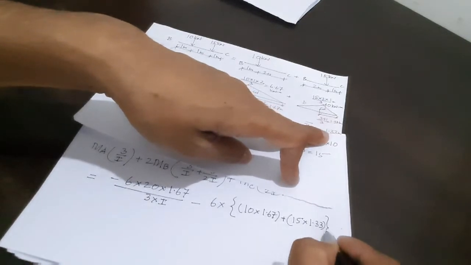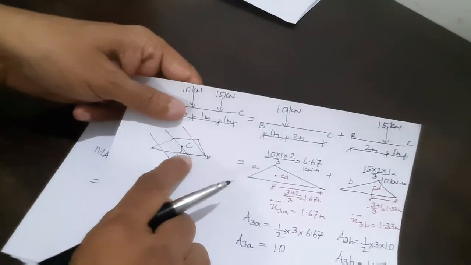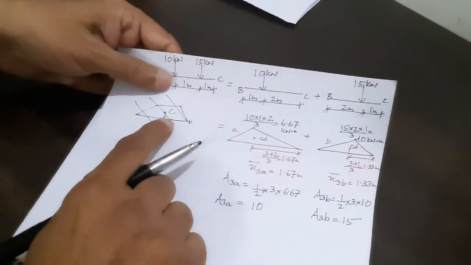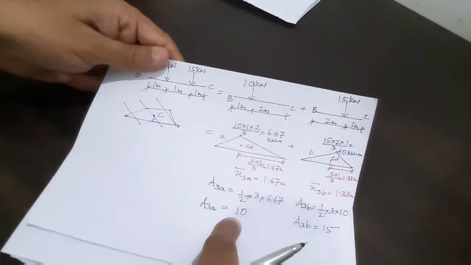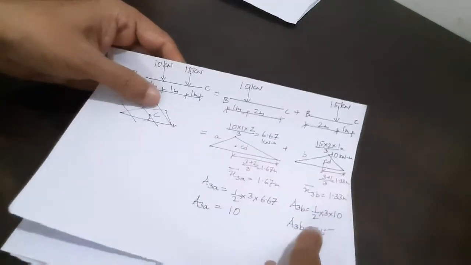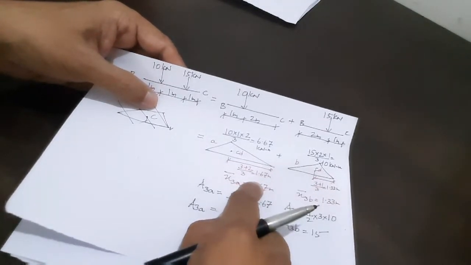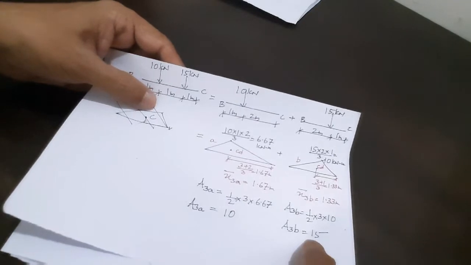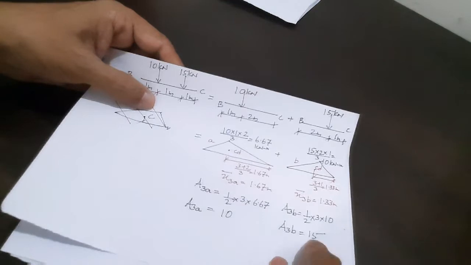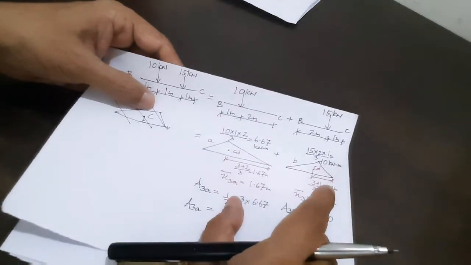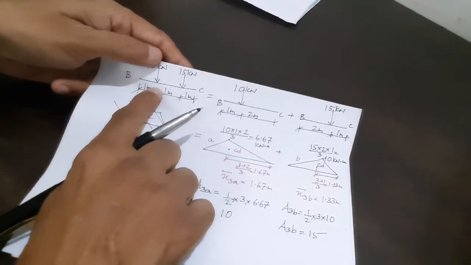I hope you have understood this. Instead of calculating the area of a trapezoid and then remembering the formula for centroid, remember the principle of superposition. We have distributed this into two parts. A3 will be different, X3 bar will be different. So multiplying this A3 with X3 bar of this figure, and multiplying this A3 with X3 bar of this figure, and then addition of these effects will give me the total effect given by the two supports acting simultaneously.